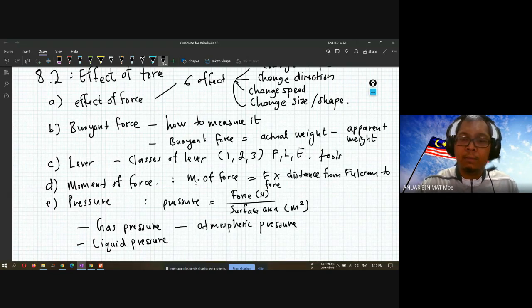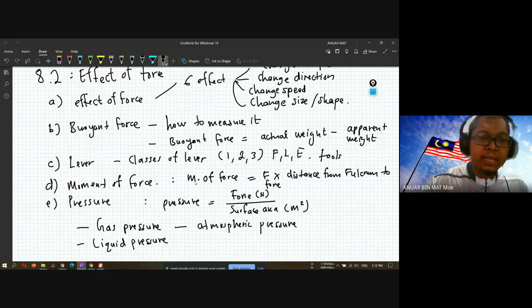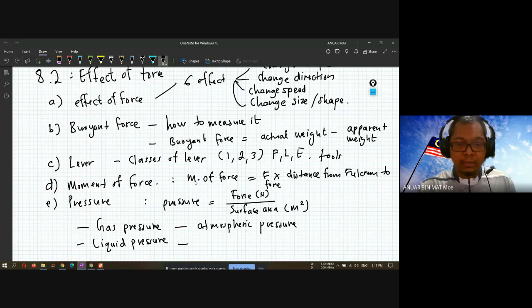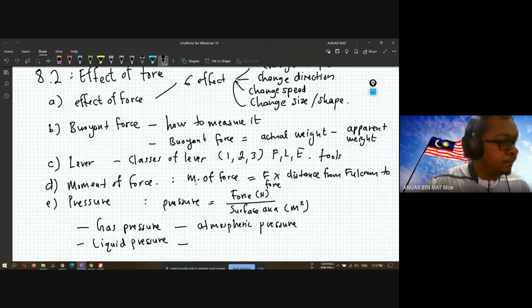Oxygen and then carbon dioxide and other particles in our atmosphere. So there is a gas pressure in our atmosphere. So we're going to learn a bit about the gas pressure. And then the liquid pressure, as the title says, is all about water, the pressure of water.